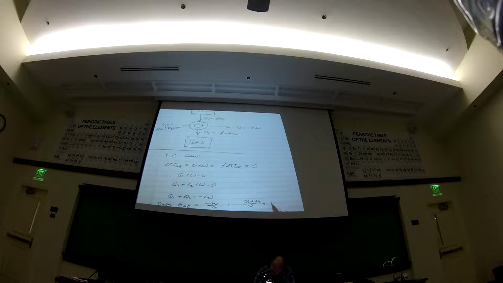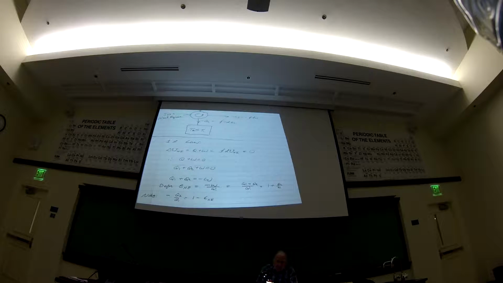That is equal to 1 plus Q2 over Q1. So I can rewrite that as minus Q2 over Q1 is equal to 1 minus the efficiency of the heat engine.